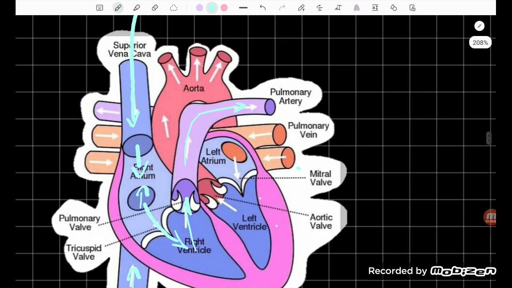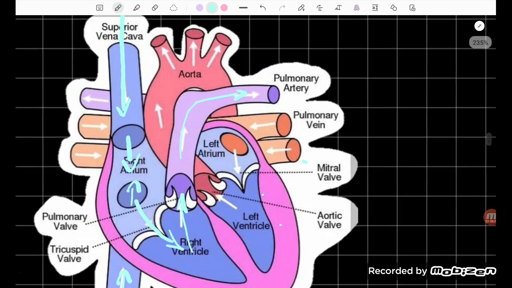Yeah, that's correct. So even if it's the pulmonary artery or the pulmonary vein, they follow the same rule. Veins towards the heart, arteries away from the heart.